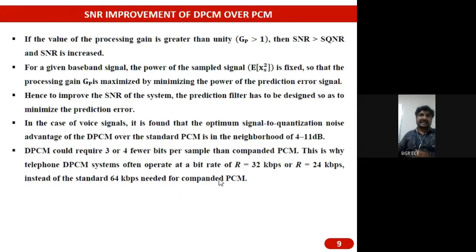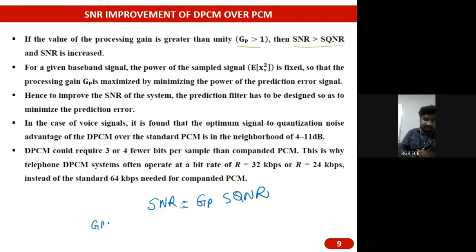Always the processing gain is expected to be greater than unity, so that SNR will be greater than SQNR. Since SNR is equal to GP into SQNR, if GP is equal to 1, then SNR will be equal to SQNR.